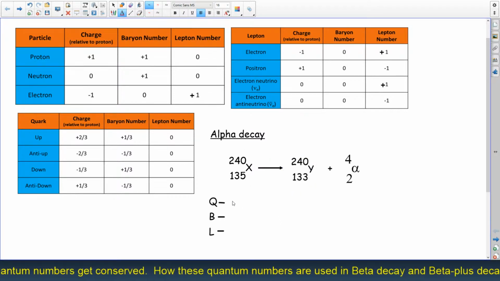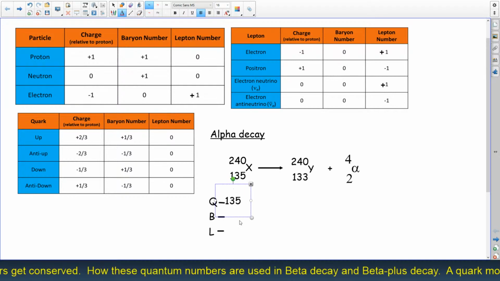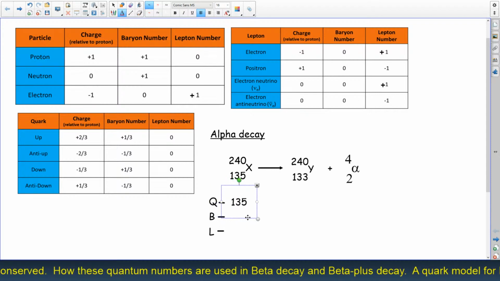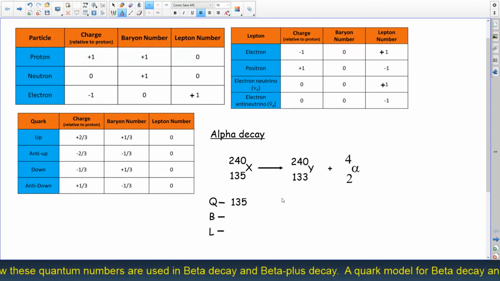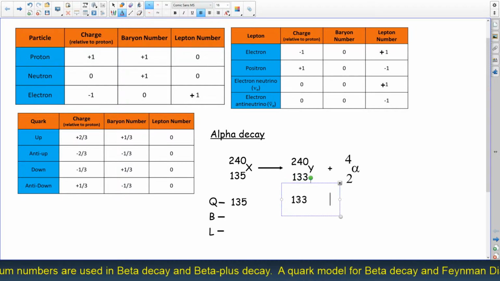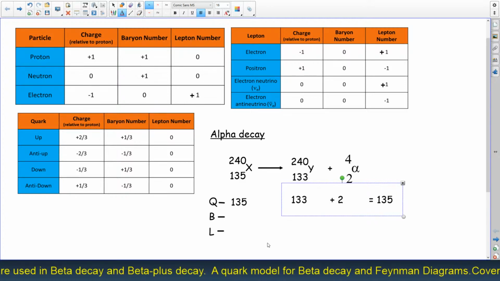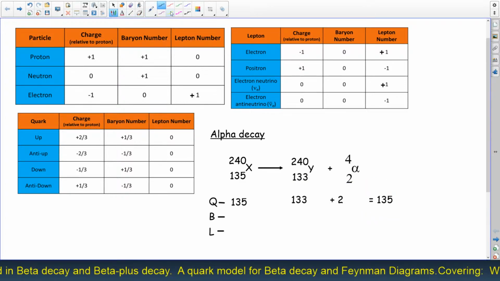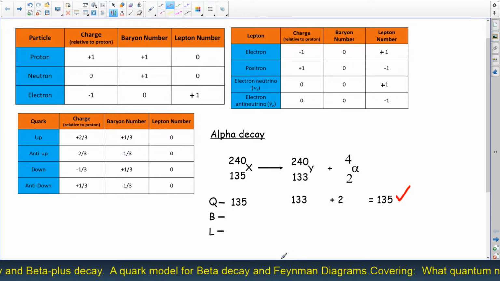That's better. So total charge on the left-hand side of the equation is 135, in relative charge units, compared to a proton, because there's 135 protons. Agreed? And then we've got 133 charges there, plus 2 charges there, giving us a total of 135. So we can happily state that, in this case, charge is conserved.